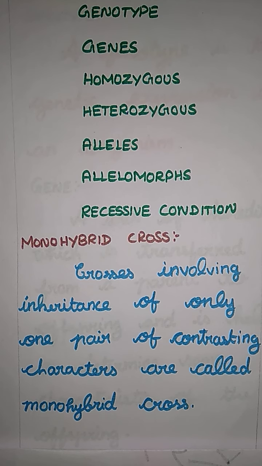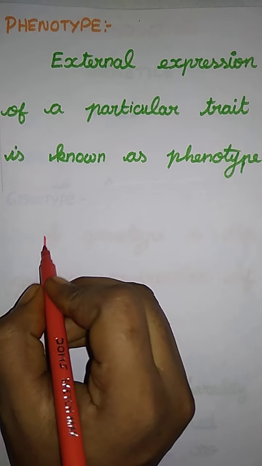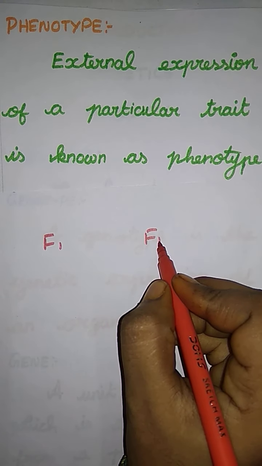Next, the topic is phenotype. A phenotype is the external expression of a particular trait. Take the F1 generation and the F2 generation.